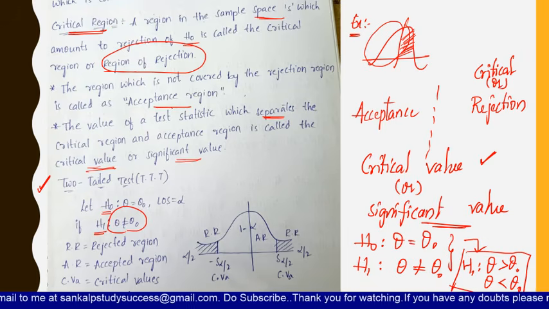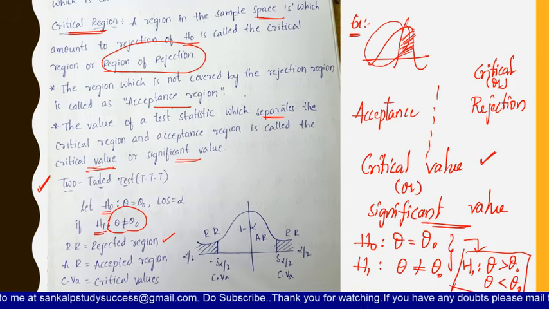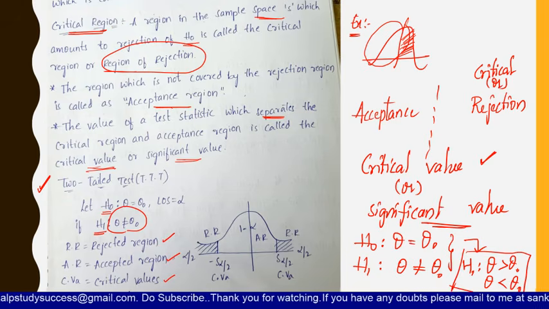So here we will have a rejection region, an acceptance region, and critical values, because if there is a rejection region and an acceptance region, then there will be a value which separates both regions. That value is known as the critical value. And also you are going to calculate test statistic values. Now let us see what the test statistic values are and how we calculate them.